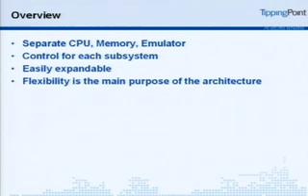So just a quick overview. In PyEmu I've separated out the CPU, the memory, and the publicly exposed emulator portion. The reason I do this is to allow more autonomous control of each subsystem. I wanted to make it easily expandable and flexible; flexibility is the main purpose of the architecture.